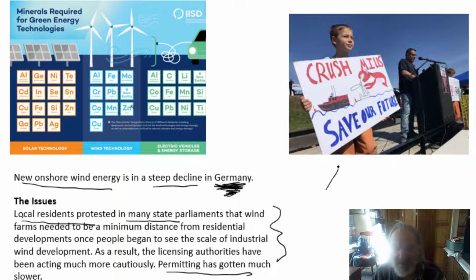Even in the United States, in Maine, this is a large protest by lobstermen against offshore wind power, because they're concerned that the lobsters will not crawl over the lines that come from the wind machine to the shore.